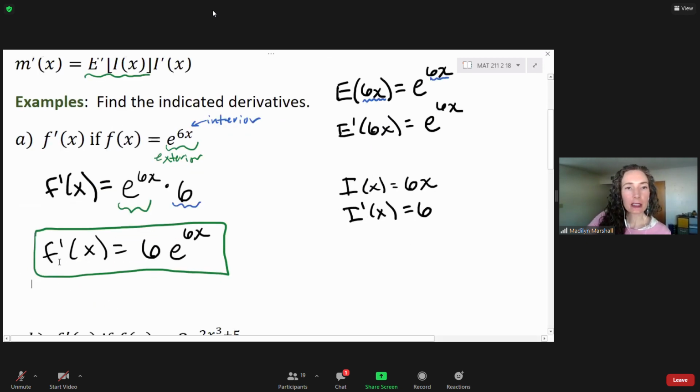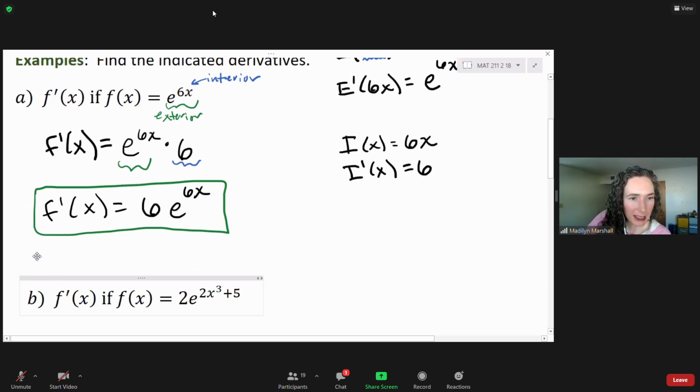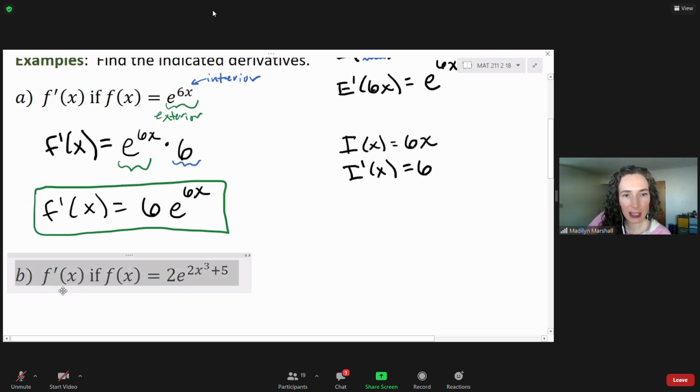So let's do a little one that's a little bit more complex that has some more stuff going on in that exponent.